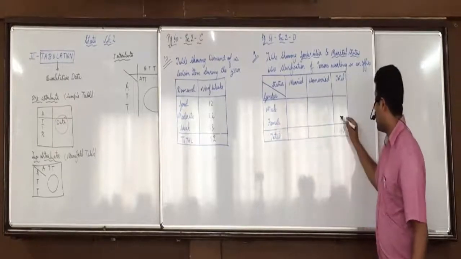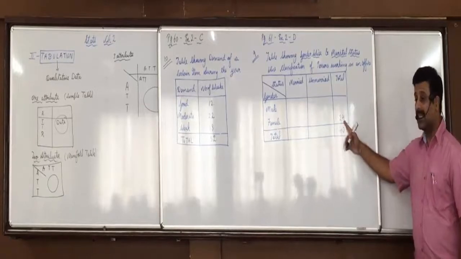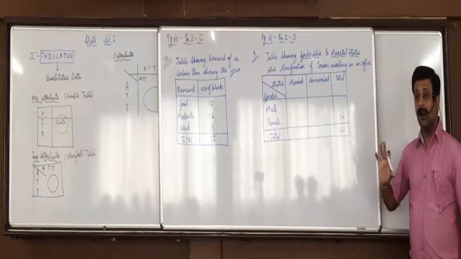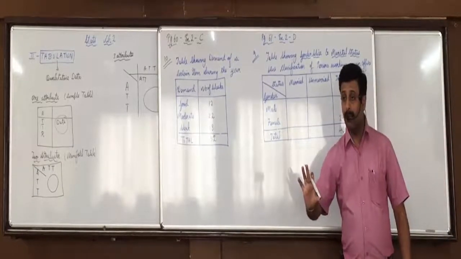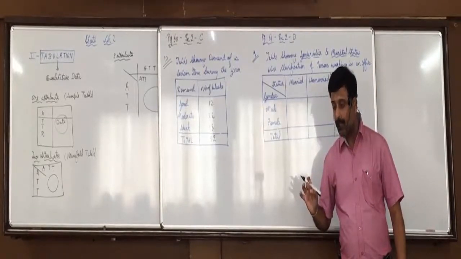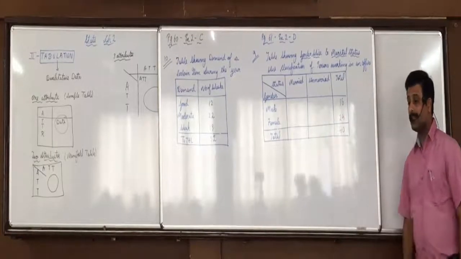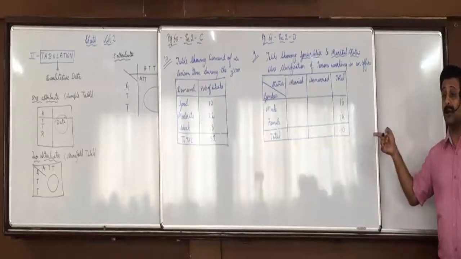So females total 24. 40 into 60%, 24 are females. Understood this or not? All are clear with it? 24 is there on the screen? Yes. Press minus, equals to 16 are males. Who are able to get this?